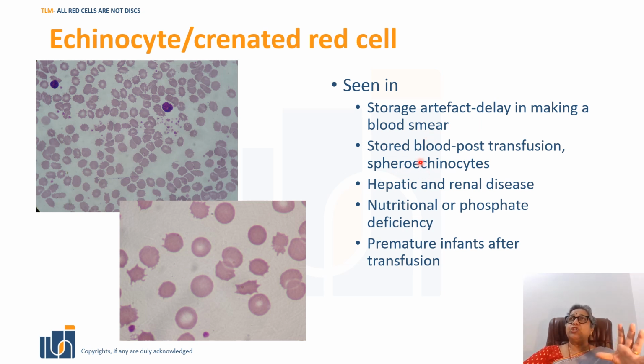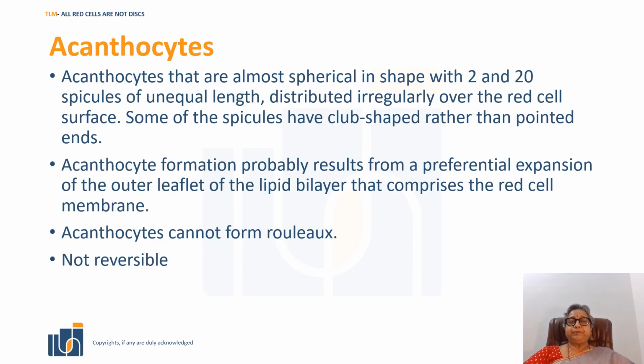In stored blood post-transfusion, you will find spheroechinocytes, especially again towards the tail. Other causes are hepatic and renal disease, nutritional or phosphate deficiency, and premature infants after transfusion. So more often than not, this is seen as a storage artifact. That's why it's important to make your smears within 1 to 2 hours of the sample being collected.